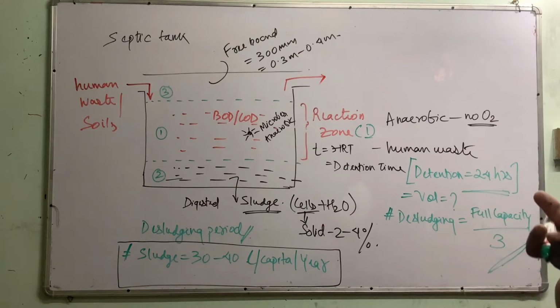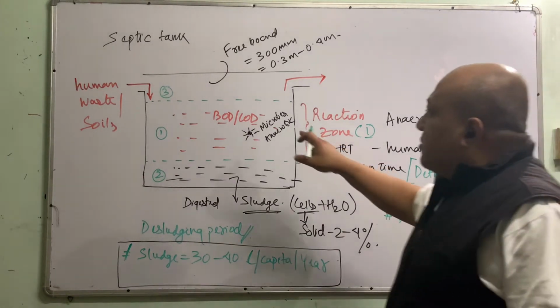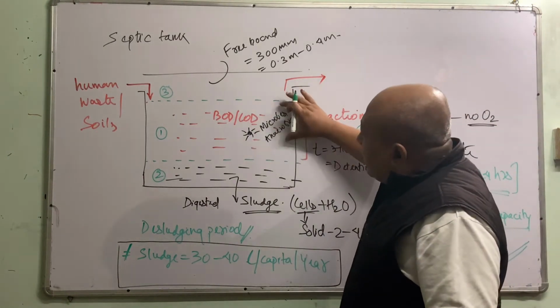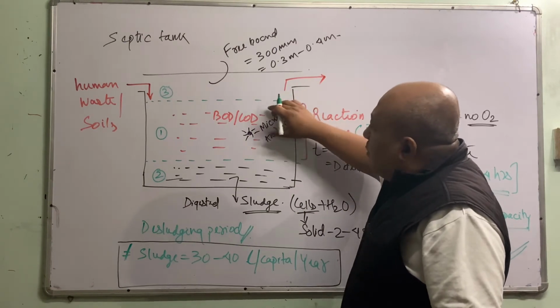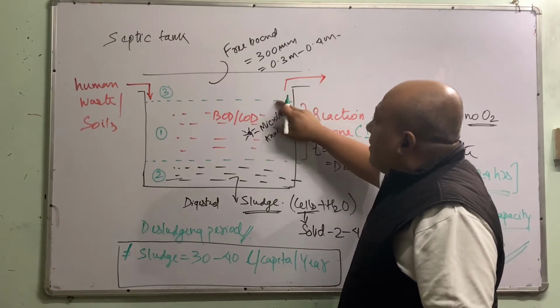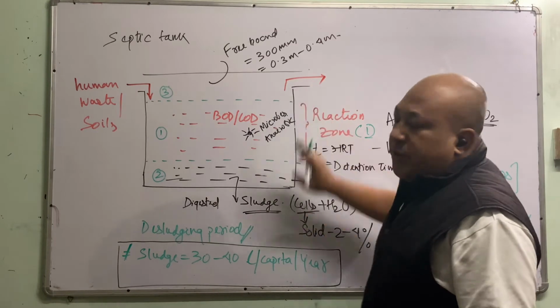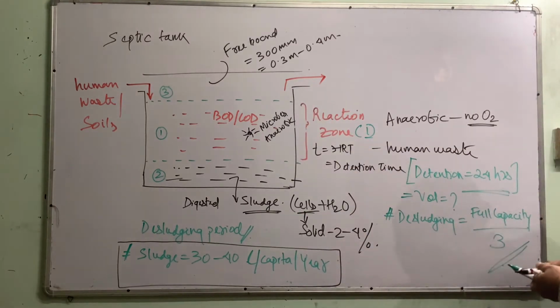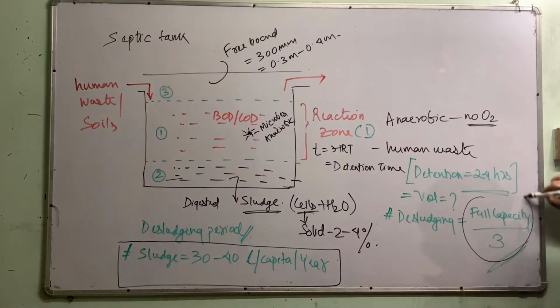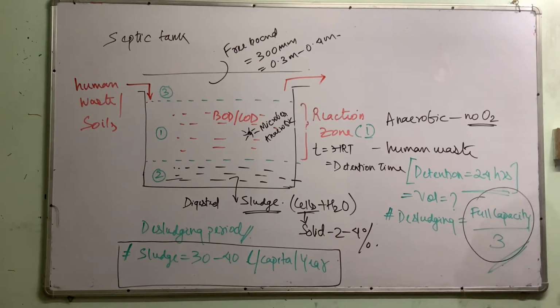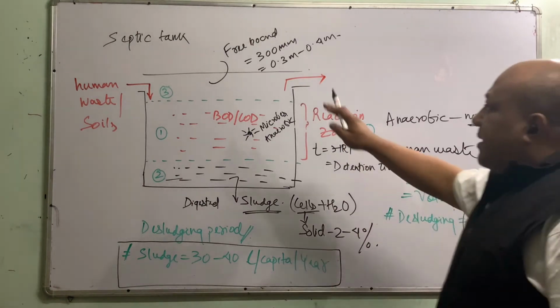If it's more than 1/3, it becomes a problem for the reaction. The volume of this will be very small, and before the reaction itself, the sludge may escape out. So desludging is always done when it is 1/3 full. These are the points you have to remember for designing it. Okay, clear? And freeboard is just an extra.